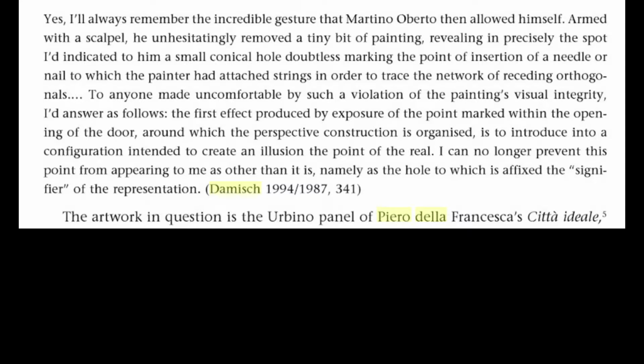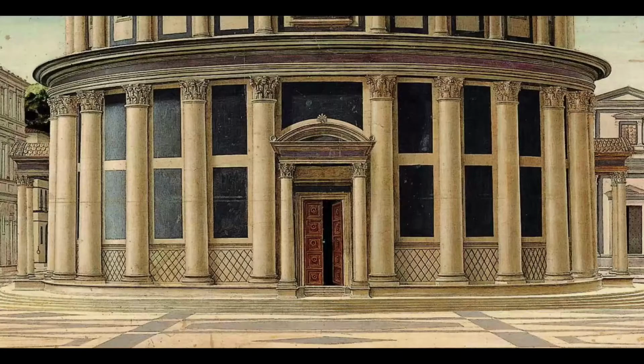It makes the whole understanding of perspective work on different levels, from the purely illusional point to the existing materiality of the panel itself. So Hubert Damisch writing about the perspective drawing there, and we clearly can see this focal point being placed there.